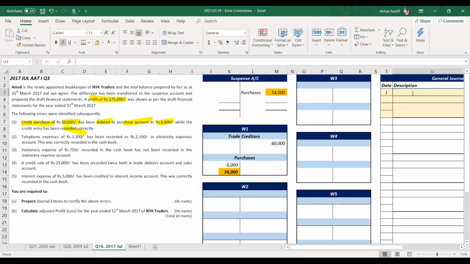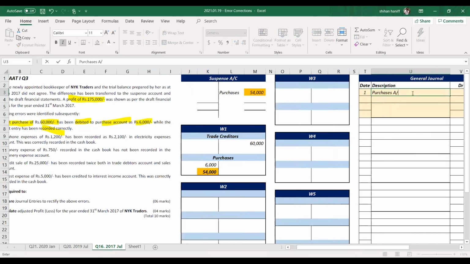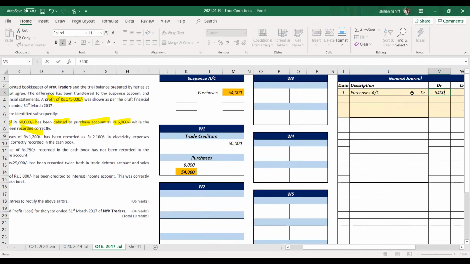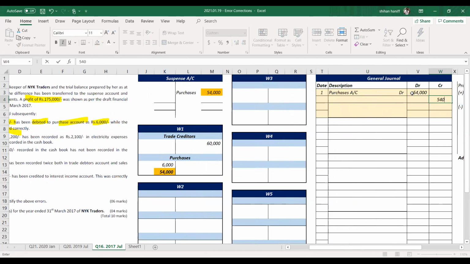Number 1. $54,000. Correction of credit purchases 60,000 recorded as 6,000 in purchases account.